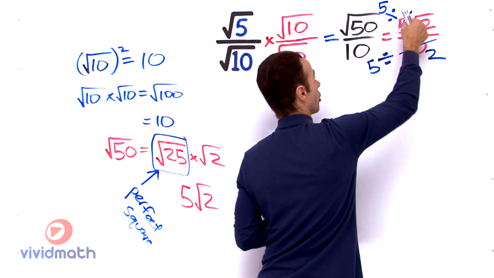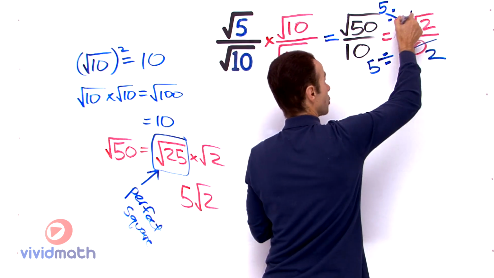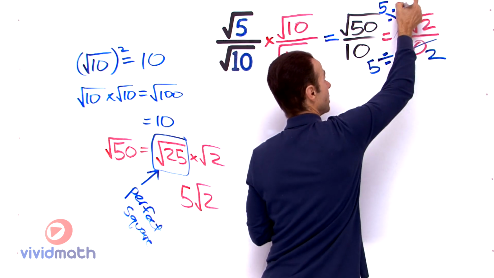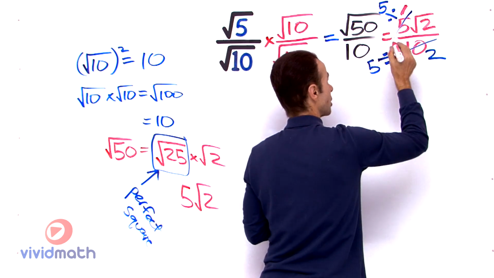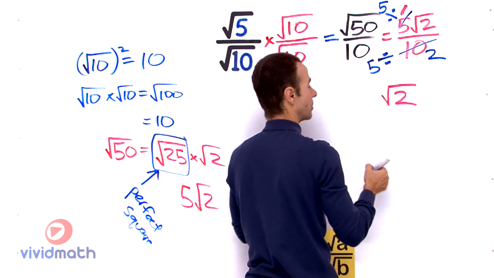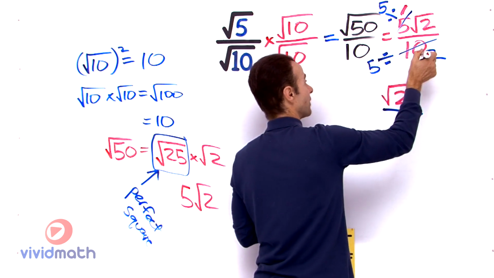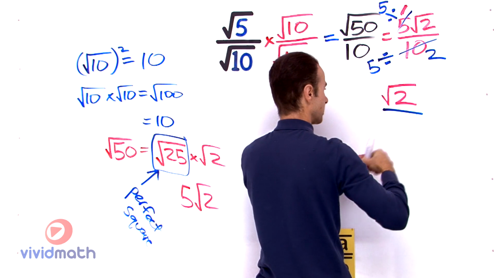So on the top it's just 1 times the square root of 2, because 5 into 5 is 1. So it's 1 times root 2, which is the square root of 2, all over, down the bottom, 10 divided by 5 is just 2, so we put a 2 on the bottom.